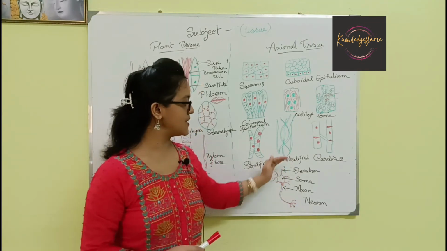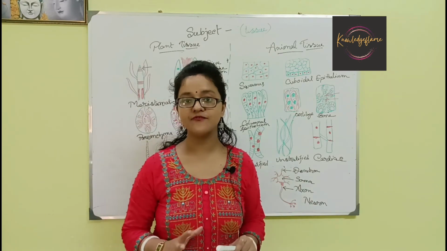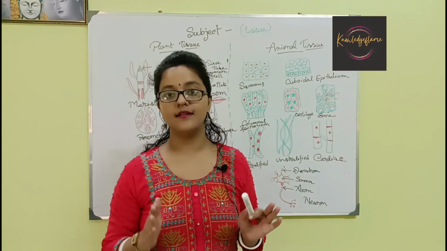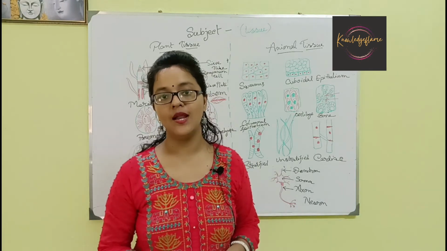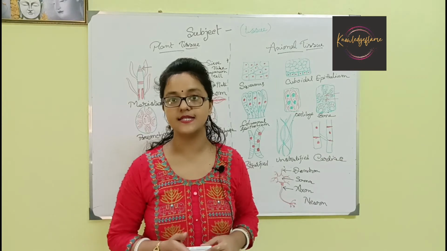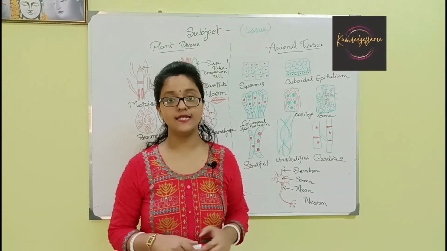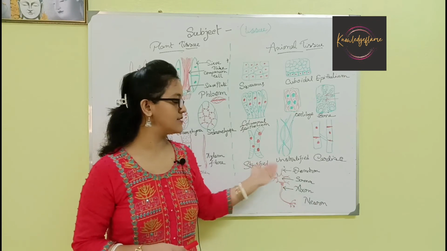In between dendron and axon there is the soma, the cell body, and it has a specific character, which is an inactive centriole. Because of this inactive centriole, the neuron can never divide. Cell division is not performed because it has the inactive centriole.